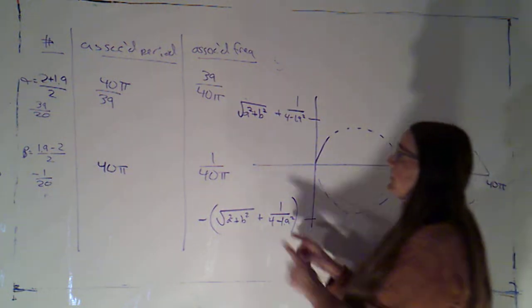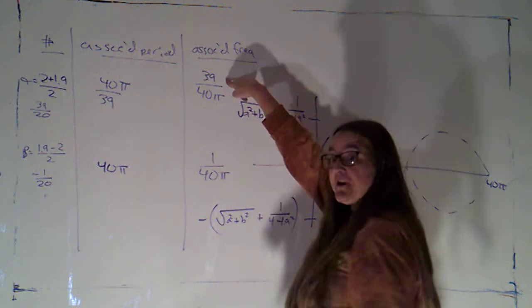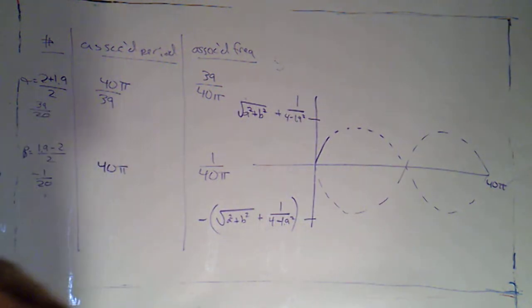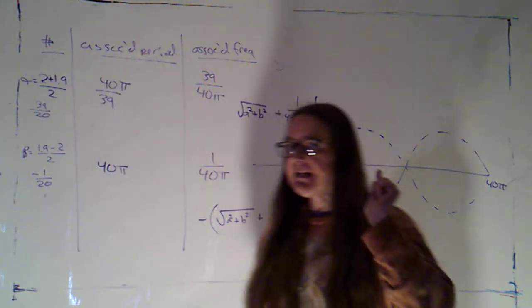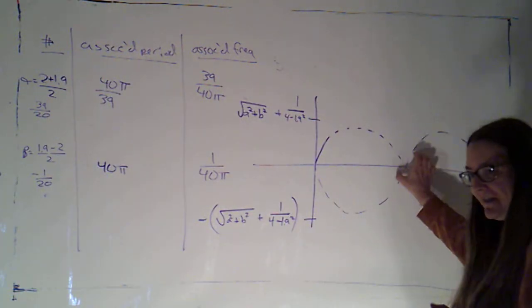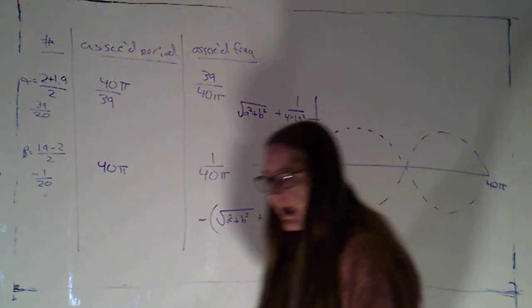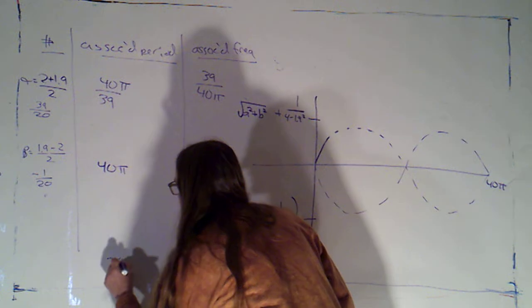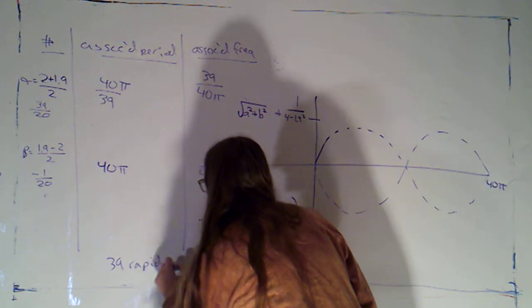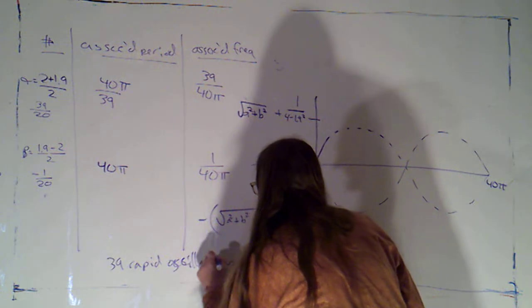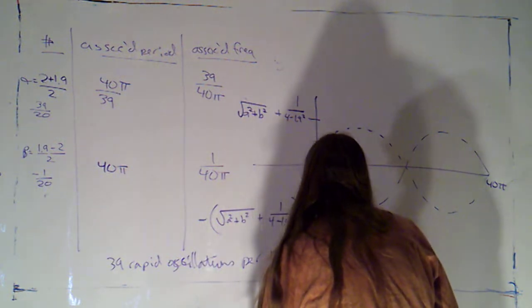And now, if I look at the frequencies, this is 39 times as big as this. So I need 39 rapid oscillations in this beat. Holy cow. Okay, I'm going to just write in 39 rapid oscillations per beat.